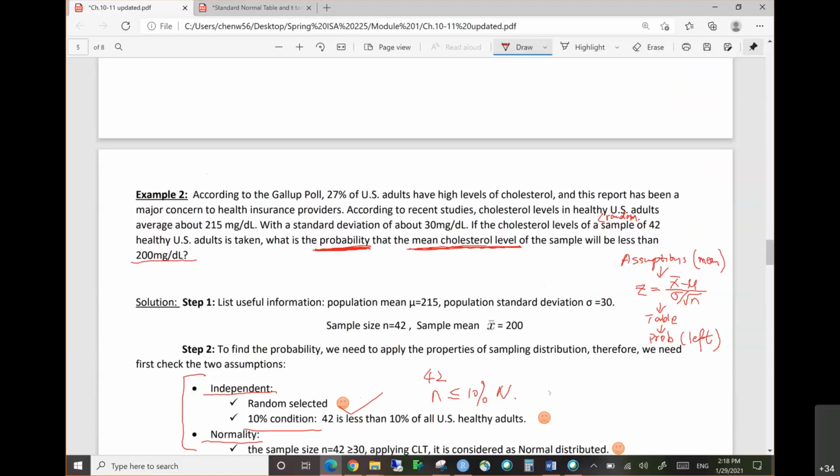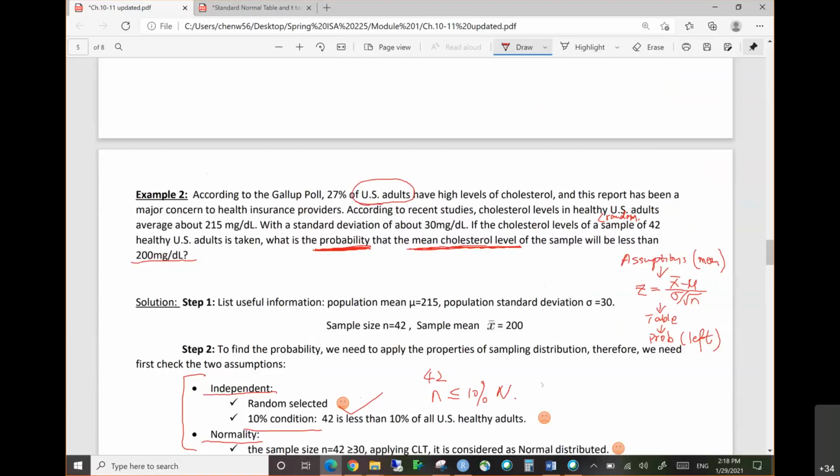No, right? So in this case, we do not have the exact population size. Then how can you check this 10% condition? Our population is United States adults.